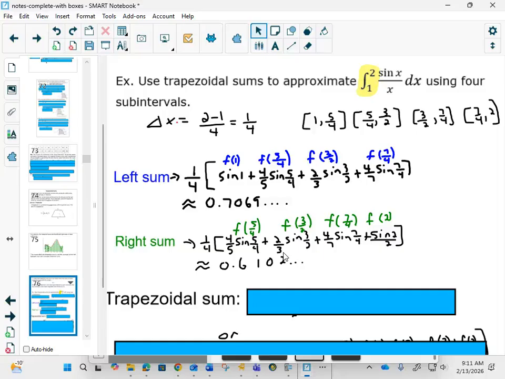You could type this in, and then you're going to divide by x. So I already multiplied by the reciprocal, but you could type in sine of 5/4 divided by 5/4. But that's a lot of things to type in. I want to show you how you can get those answers quicker. Okay?